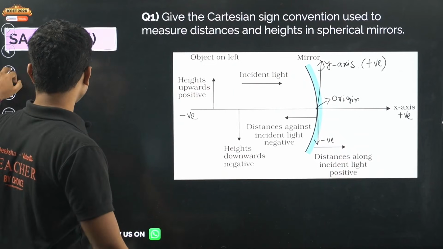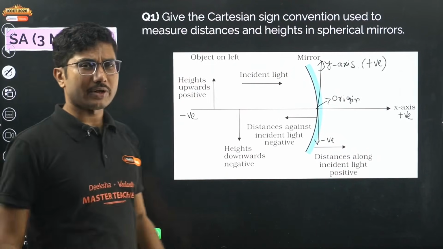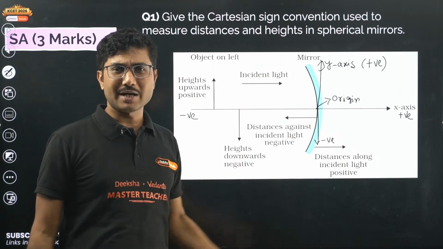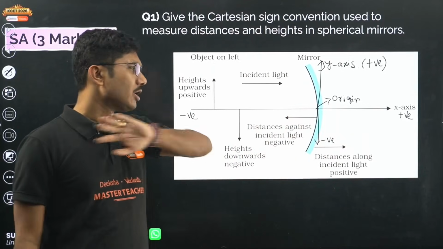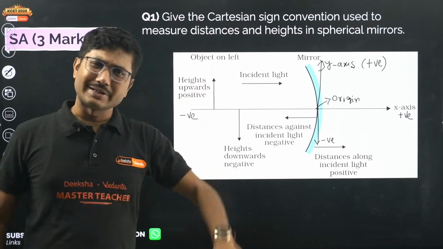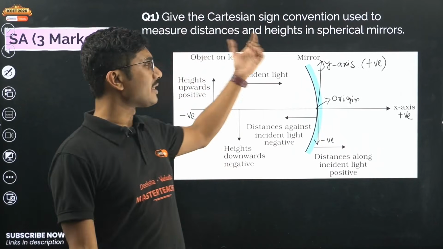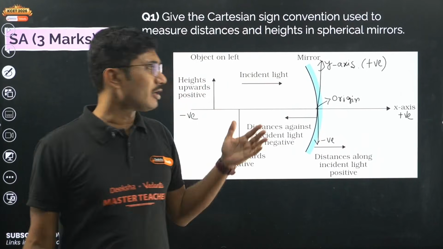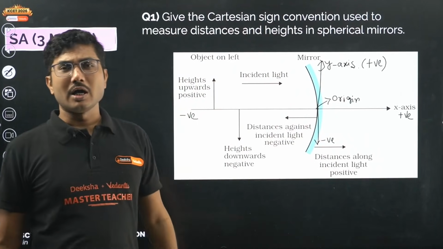That's it, you don't need to over explain. Object distance is negative, image distance can be negative or positive, and so on. No need to do everything. Also, incident light direction is not required. The Cartesian sign convention is very easy because it uses the geometric coordinate system.